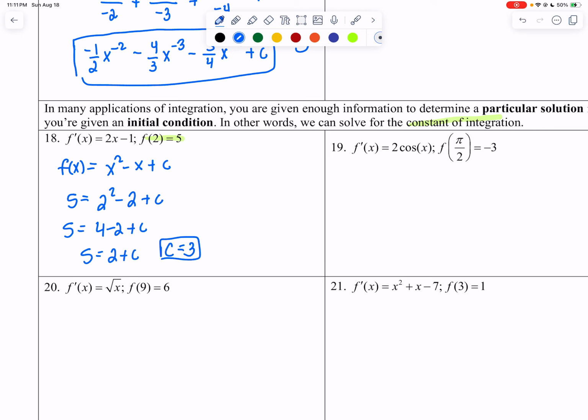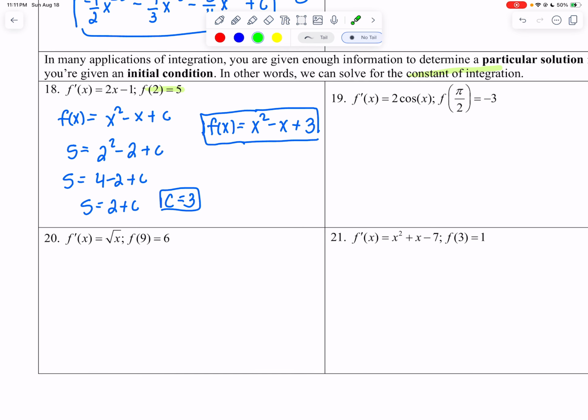And then if I were to bring everything together, I'm going to have x squared minus x plus 3. Because if I were to take the derivative of this, I'm going to get 2x minus 1. And of course, the derivative of 3 is going to be 0.